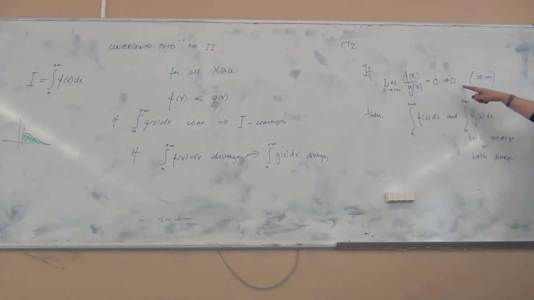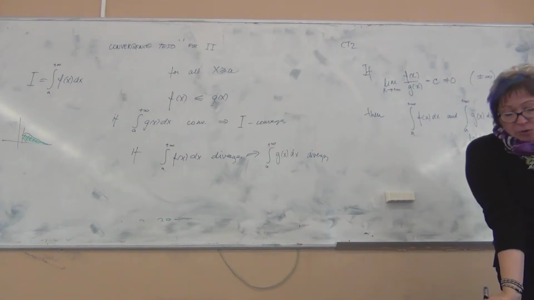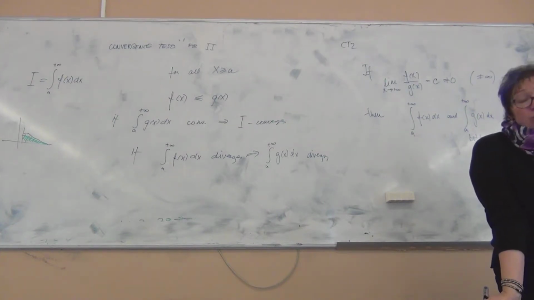Okay, so this ratio that approaches some constant actually means that these functions are similar enough for us to make this statement, that they both behave in the same way. The third property, the third test, which is not exactly a convergence test: sometimes we have to consider negative functions.